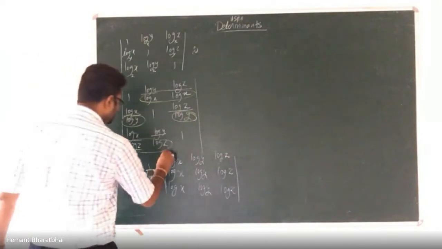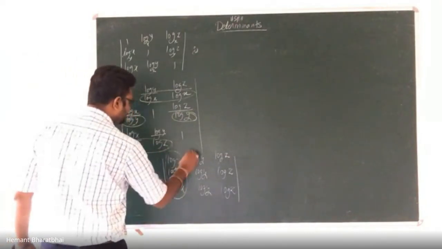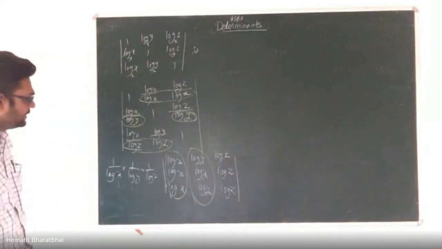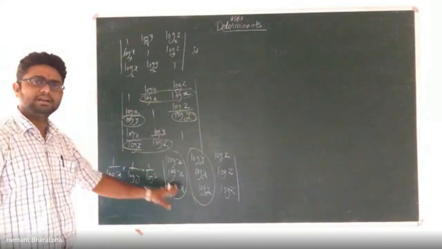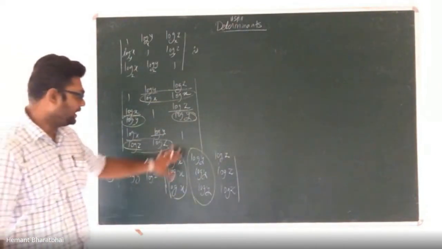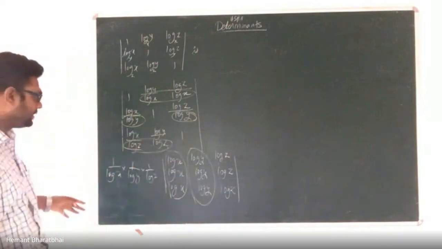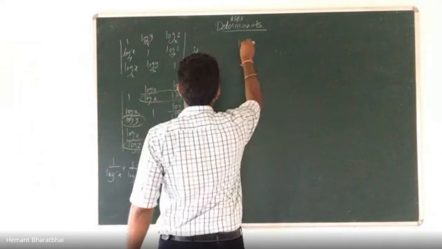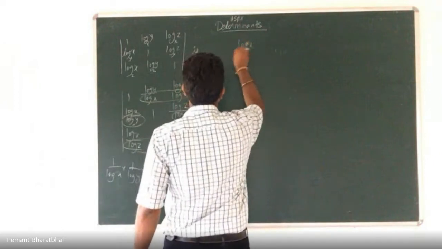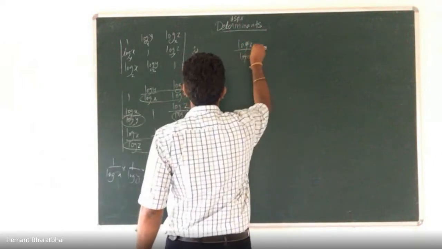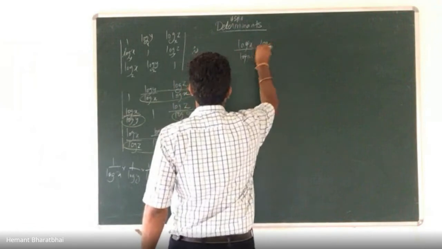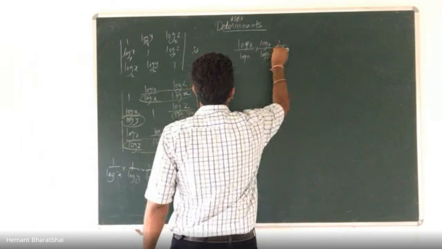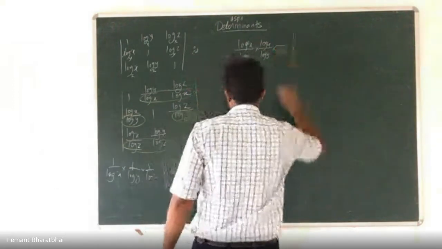Now this entire column is the same, and here also this entire column is the same. So I can take log x common from this column, and log y common from this column. So I'll get log x upon log x into log y upon log y into 1 upon log z.